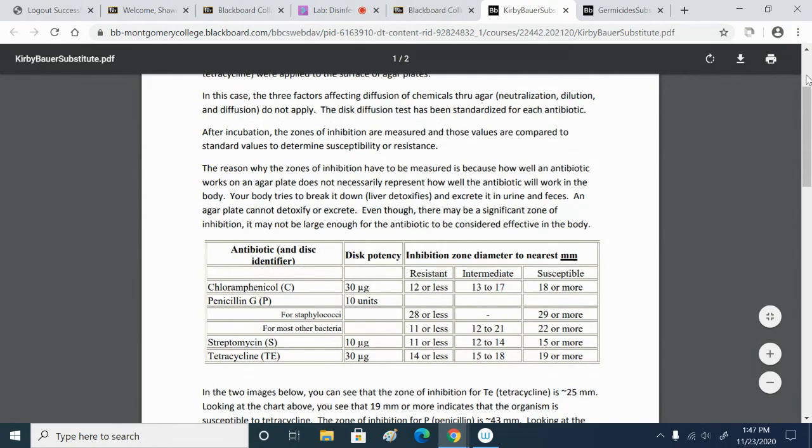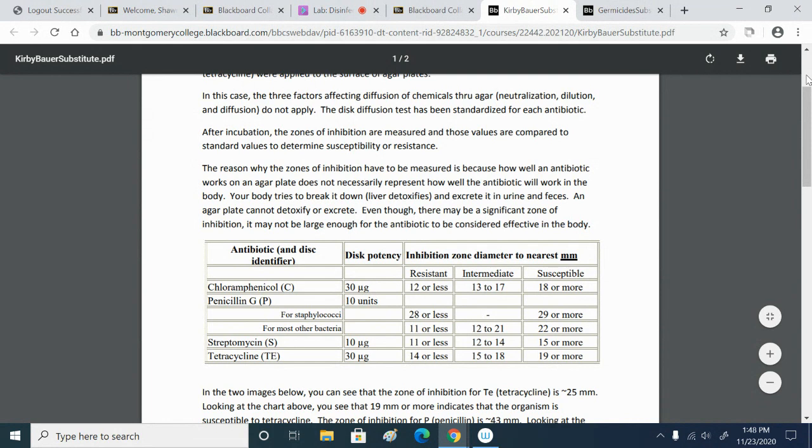So in lab, each group would again have gotten 3 agar plates, but each agar plate would have had a different organism on it. And again, you use swabs to completely cover the entire surface of the plate with bacteria. We need that solid confluent growth so we can easily see a zone of inhibition.